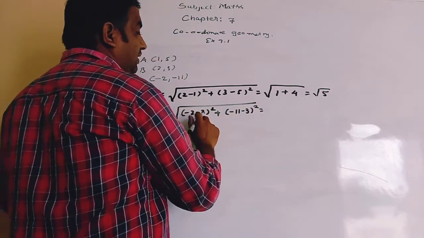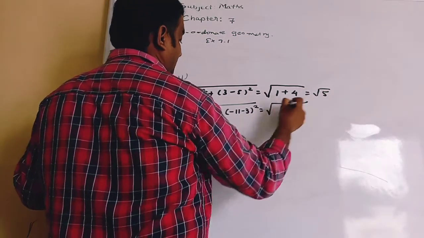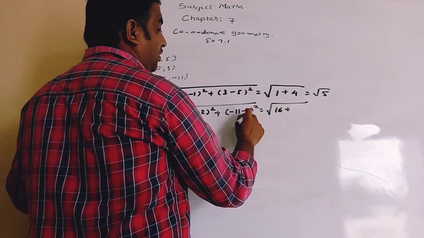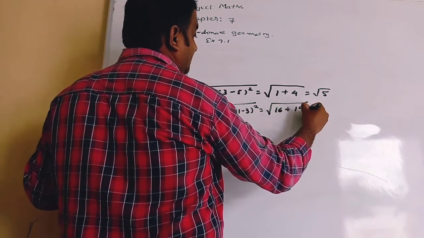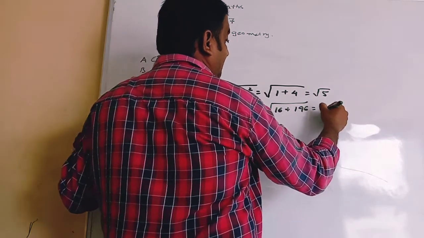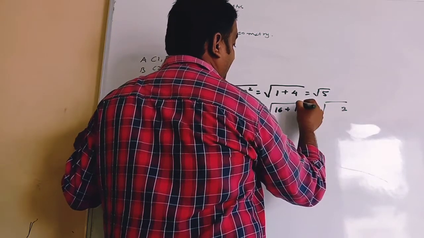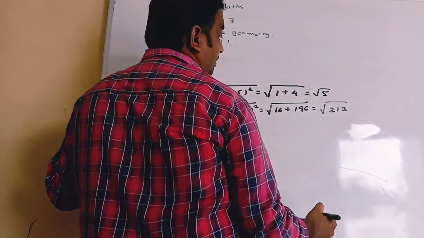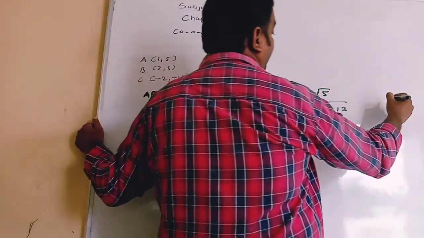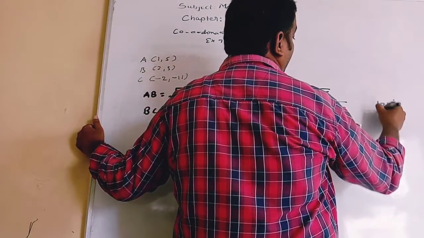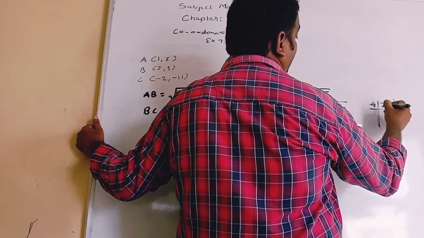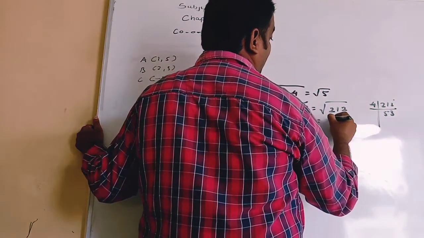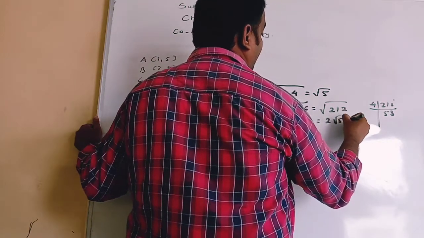So minus 4 square is 16 and minus 14 square is 196, and so its addition will be 6 and 6 is 12 carry 1, 1 and 1 is 2, so 212. So 212 factorization we do, that is 4 into 53, so it is 2 root 53.